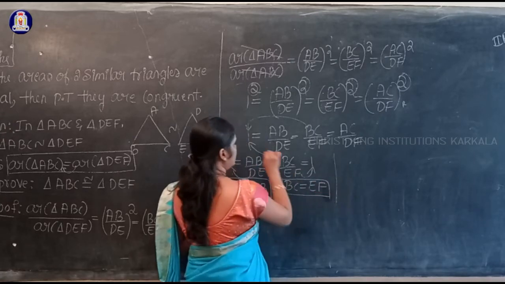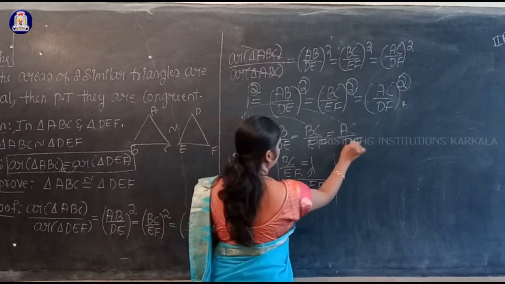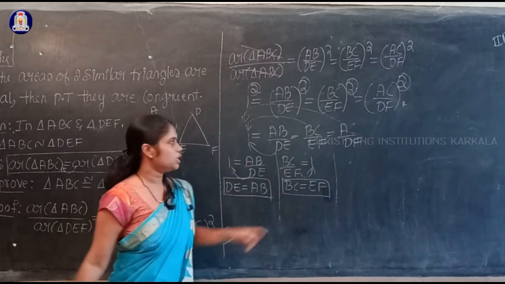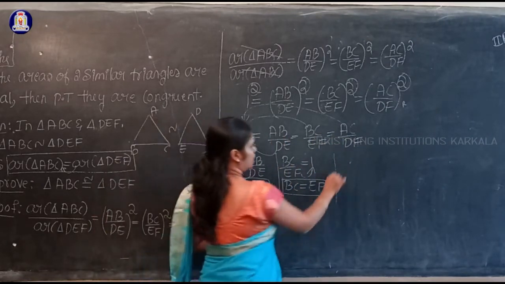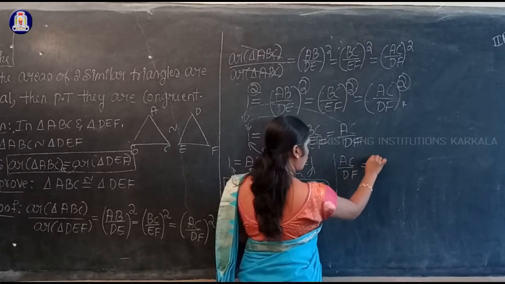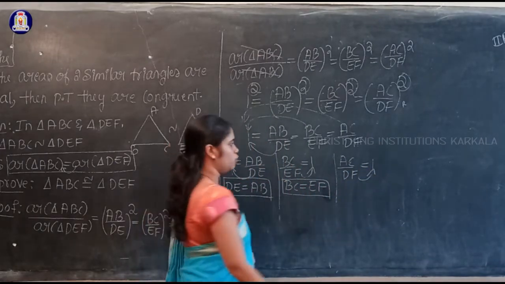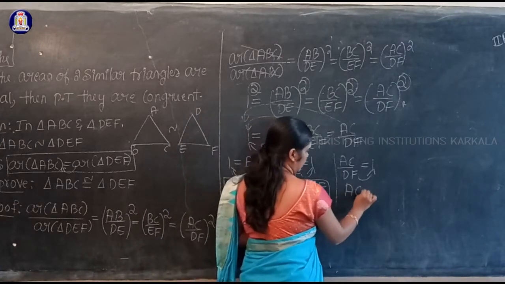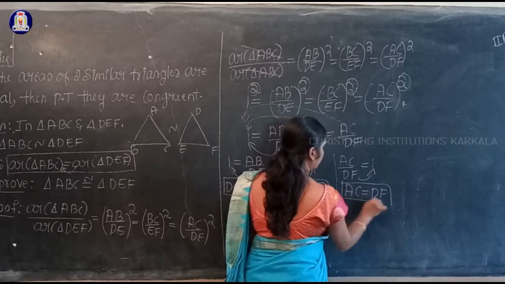So now equate AC by DF to 1. So AC by DF equal to 1. So this DF will multiply with this 1, then you will get AC equal to DF.